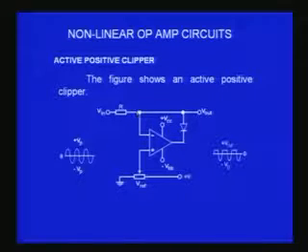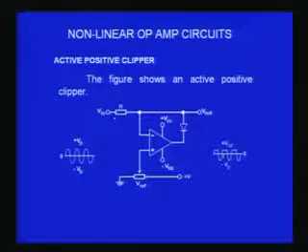If it is more than 2 volts, you find this is opened up and you get the corresponding signal, so the output is clipped at V reference, 2 volts in this case. If I make it 2 volts, the positive peak will be cut off at 2 volts. If it is 1 volt, the positive peak will be cut off at 1 volt. So, depending upon where I put the reference, the output will correspondingly be clipped.